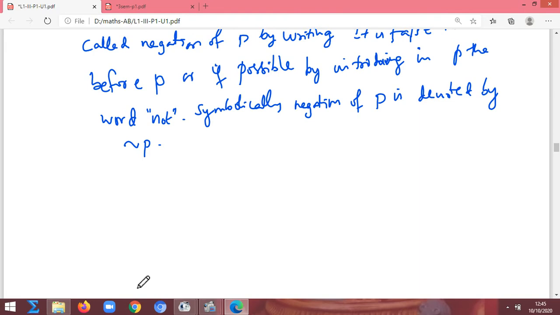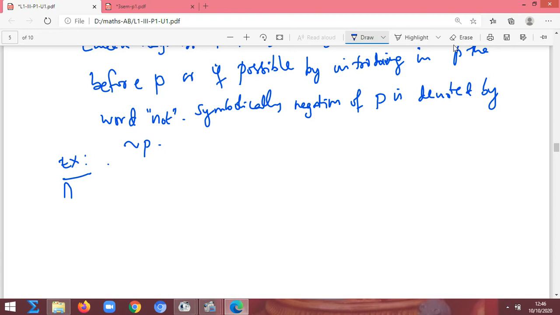Whenever we have a statement, if you are going to use it is false that before the start of the statement, or if you can use not in the statement P, then we say that is a negation of the statement. So we shall see a few examples. So first one, let the first statement be P is equal to the sun is shining.